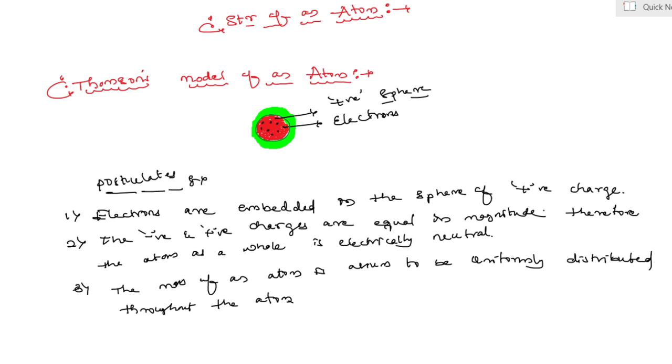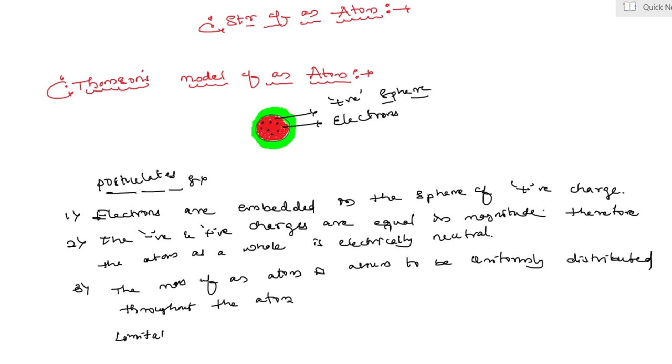Yes, my dear students, mass means what? The number of protons and number of neutrons. It means the total number of nucleons is termed as what? Mass number. Okay. Yes, what limitations are seen in Thomson's model of an atom?